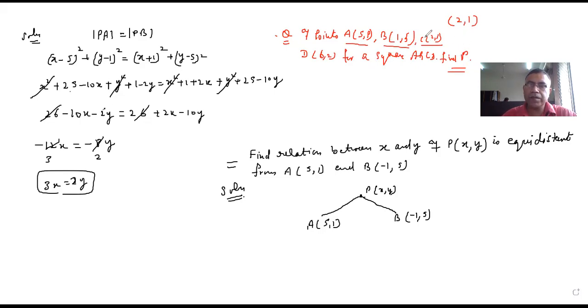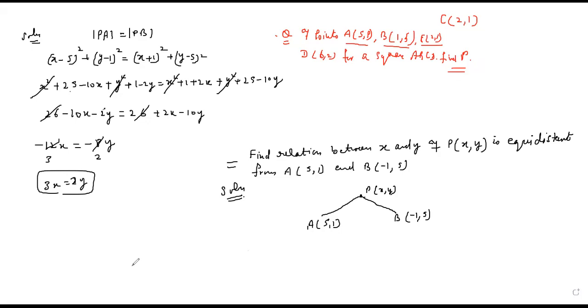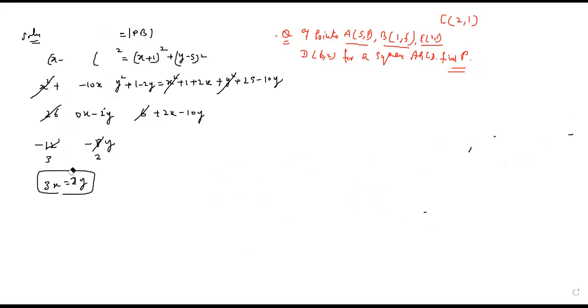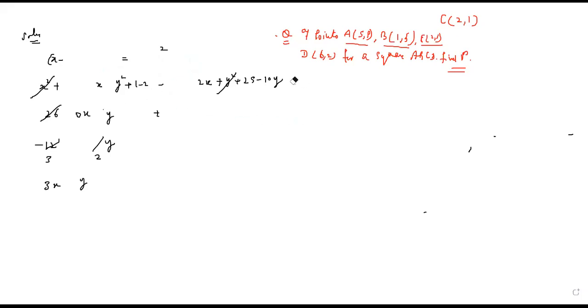ABCD is a square. This is the point C. Hurry up, hurry up.